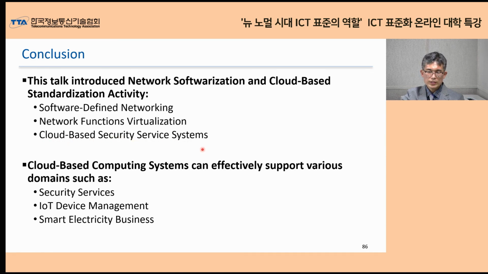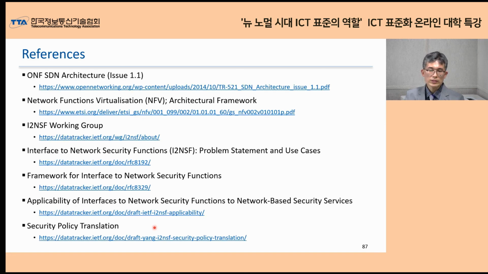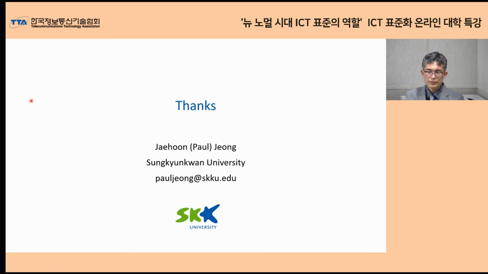Based on network softwarization and the cloud, we can provide various services in domains such as security services, IoT device management, and the smart electricity business. These are the references used in this talk. You can refer to the specific links for detailed information.